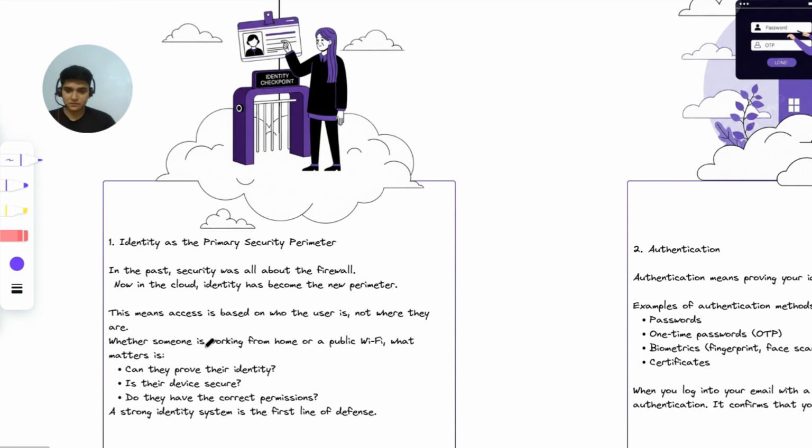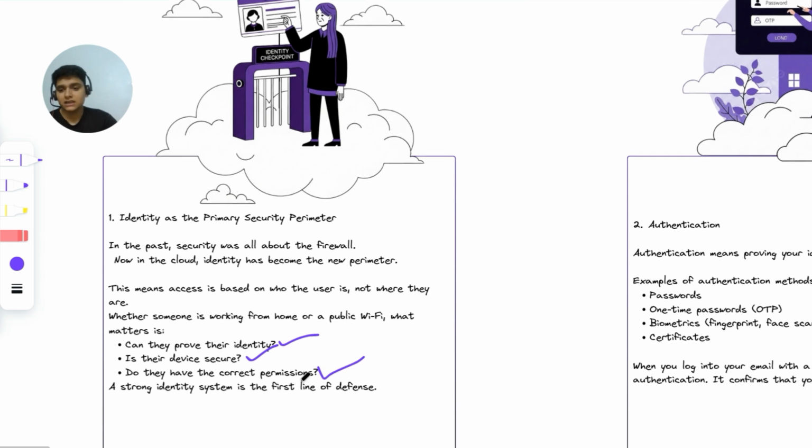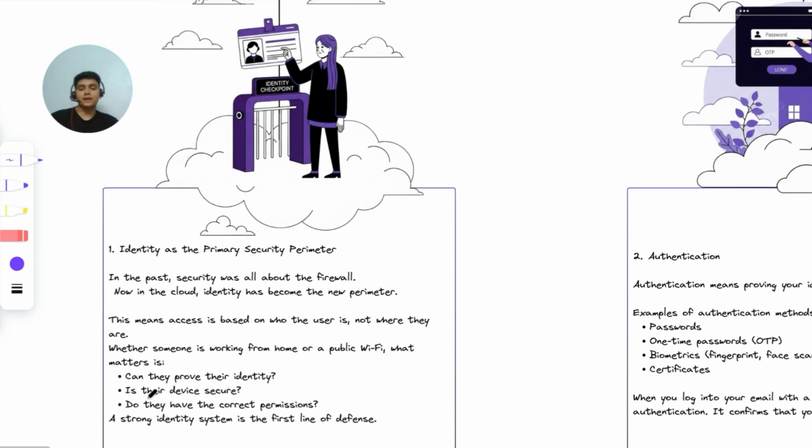Whether someone is working from home or from public Wi-Fi, what matters is: can they prove their identity? Is the device they're using secure? And do they have the correct permissions to even access the environment? That is why a strong identity system is the first line of defense. This is considered the primary line of defense.